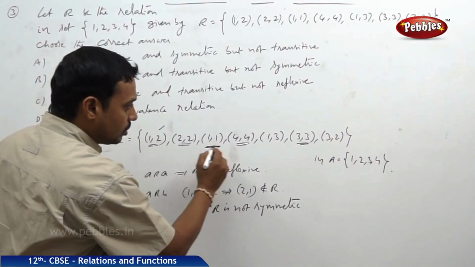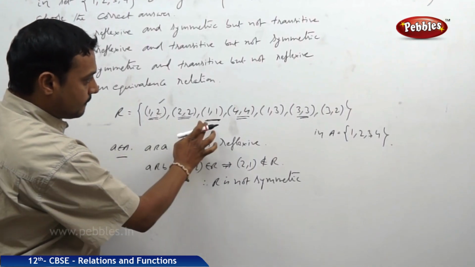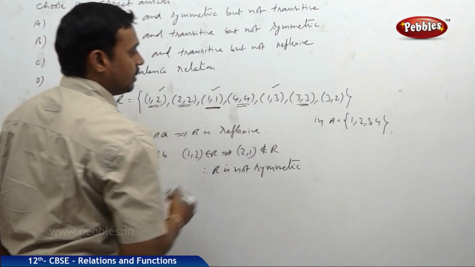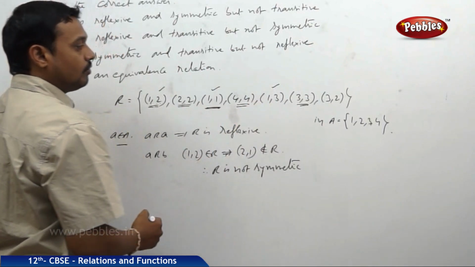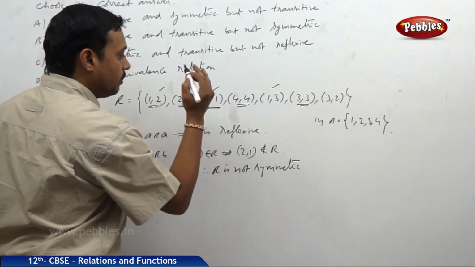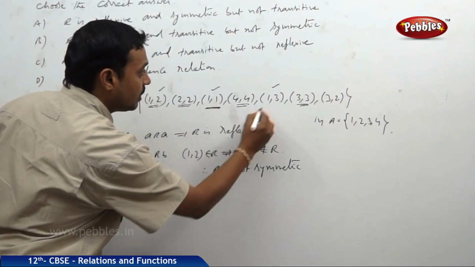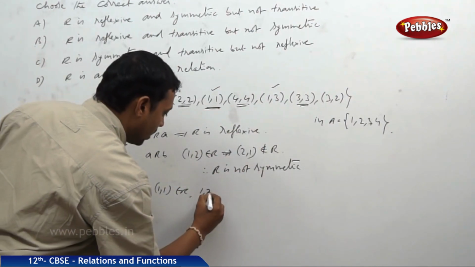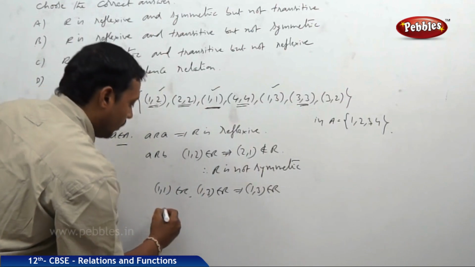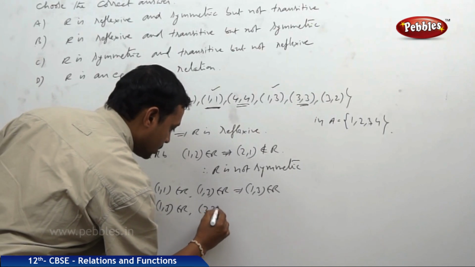Next, any more? Suppose we consider this one: (1,1) and (1,3). So (1,1) belongs to R and (1,3) belongs to R, and (1,3) itself is also in the relation. If (1,1) belongs to R and (1,3) belongs to R, it implies that (1,3) also belongs to R. Next, (1,3) belongs to R and (3,3) also belongs to the same relation.